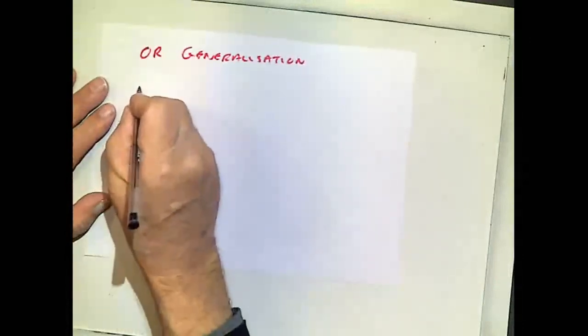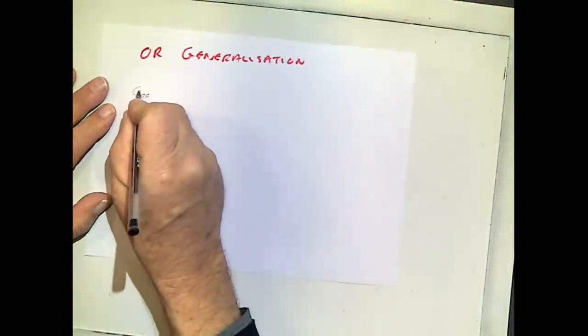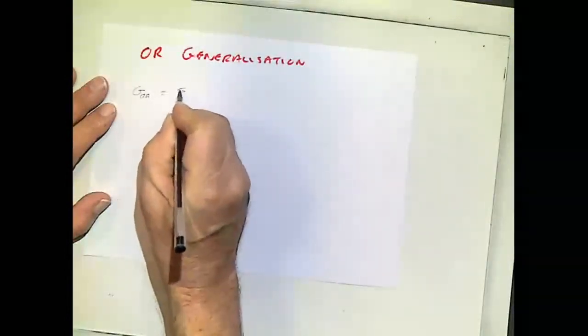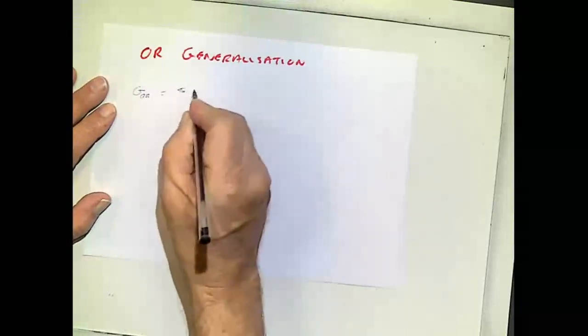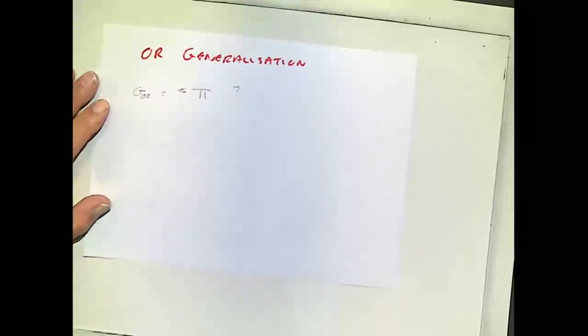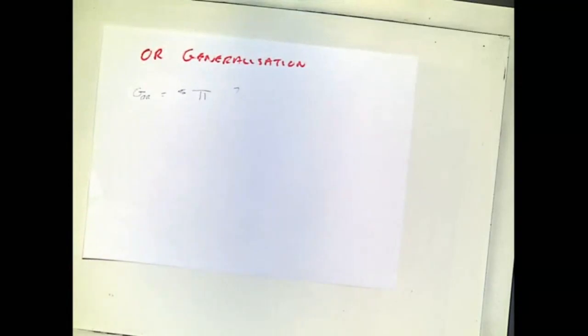Now, with OR generalization, the equation GOR is equal to the product series of what? Well, we've got a problem. Because with AND generalization, there is only one condition of the outputs of the logic functions which will exceed the threshold T equals 3, all inputs being 1.